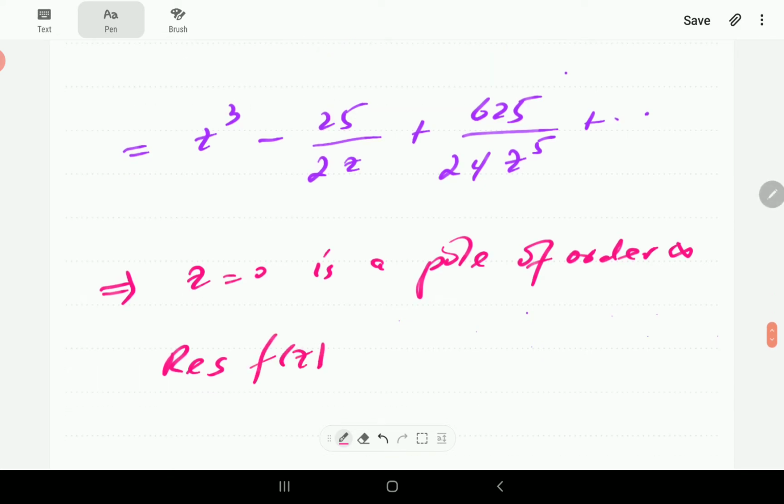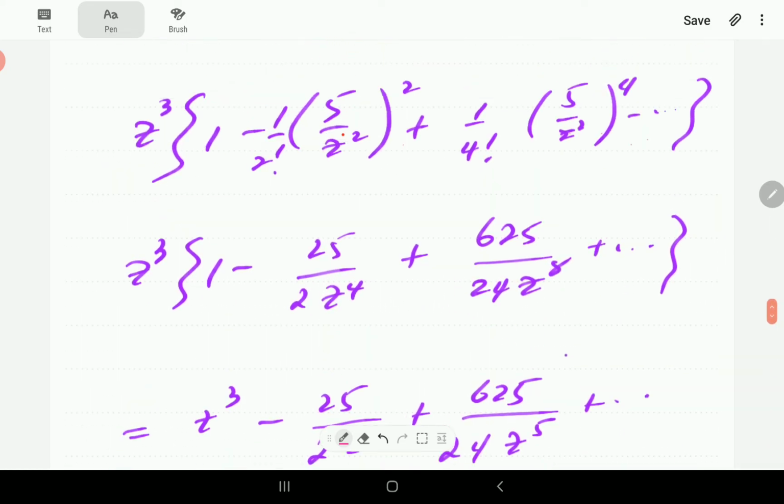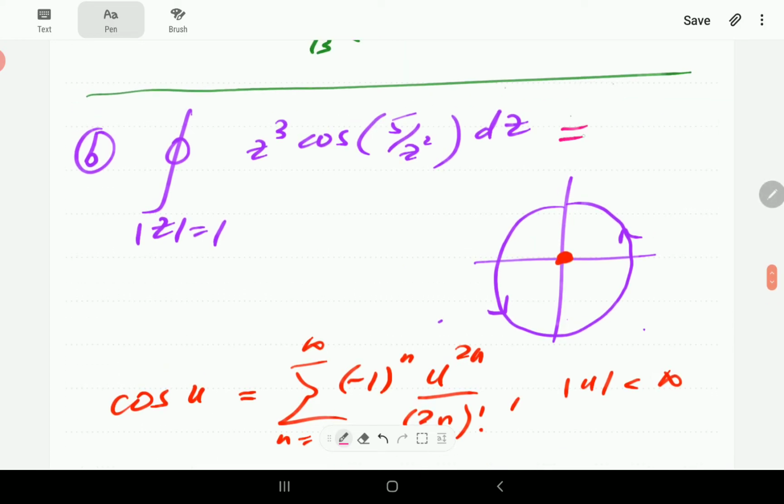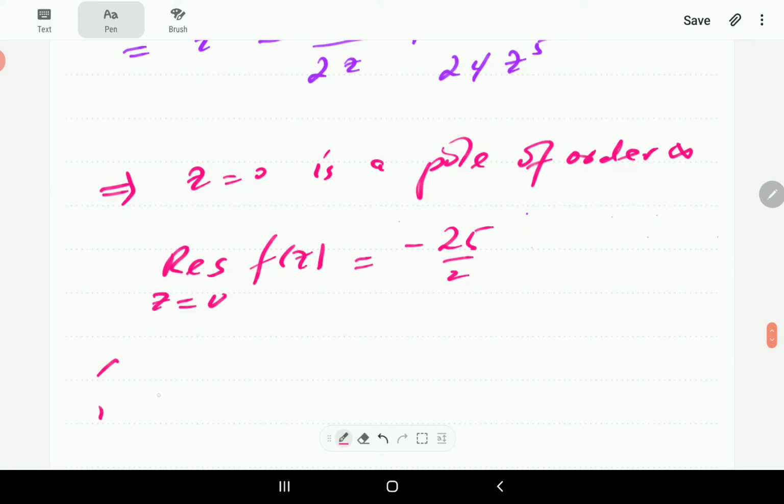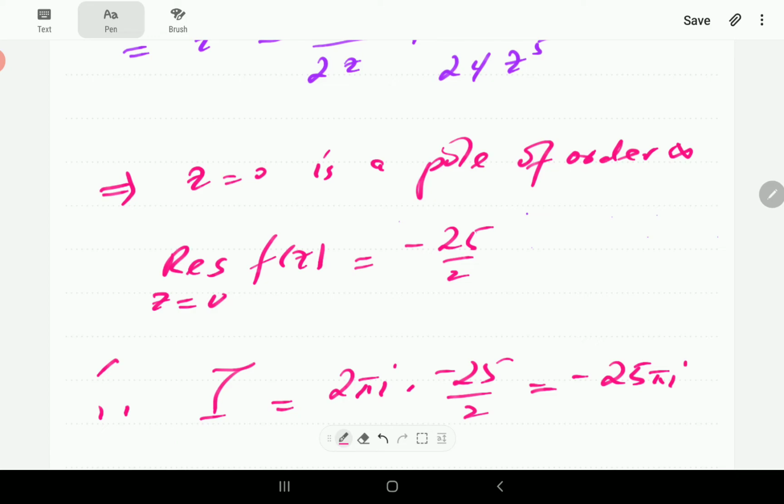In this case, that's 1 over z. So the residue at 0 is simply -25 over 2, which means the value of our integral I is going to be 2 pi i times -25 over 2. This is going to be -25 pi i.